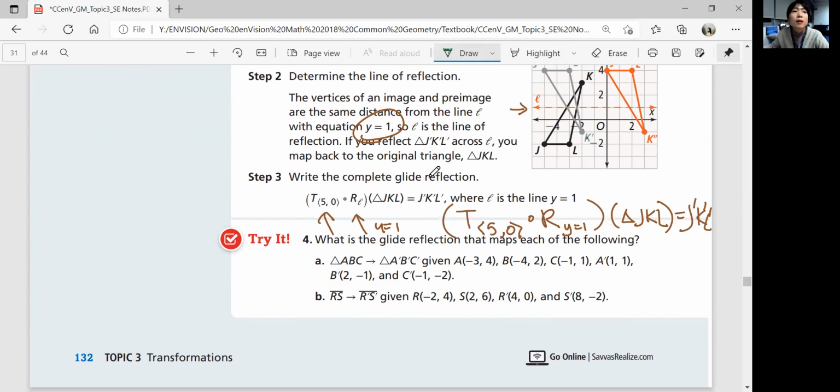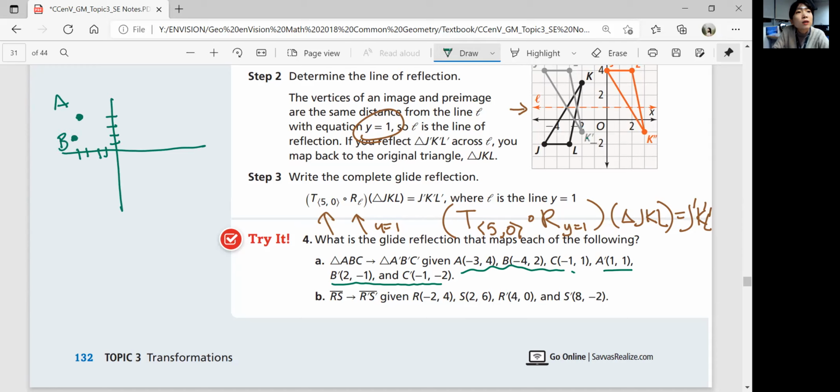All right, look at part A. You have a triangle ABC. You have the coordinate points ABC, and then you have the endpoints, A prime, B prime, C prime. Right? So first, it should help you if you graph them. -3, 1, 2, 3, 4. That's A. And then -4, 2.